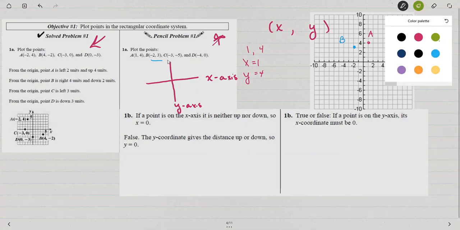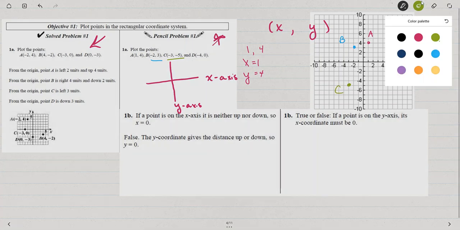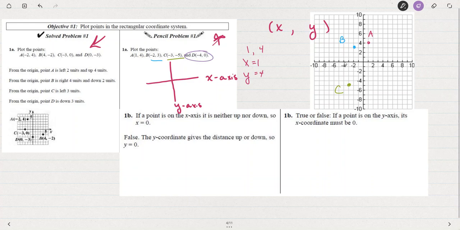Point C, x is negative 3, and y is negative 5, so I'd be left 3, down 5, and that'd give us point C. And then finally point D, x is negative 4 and y is 0. We're on the x-axis, so there are the 4 points.